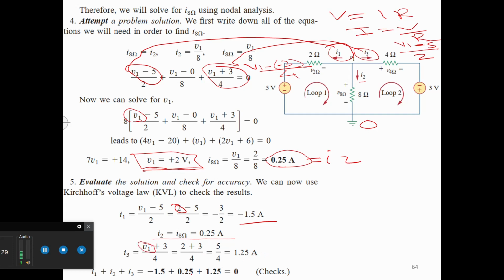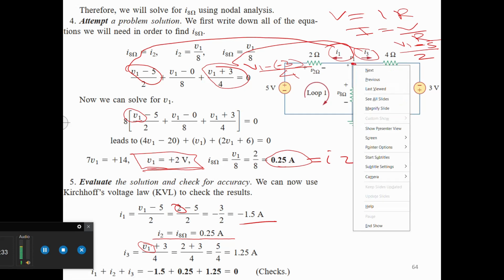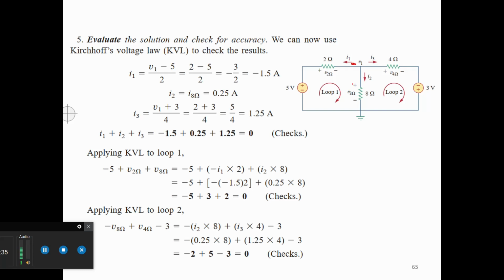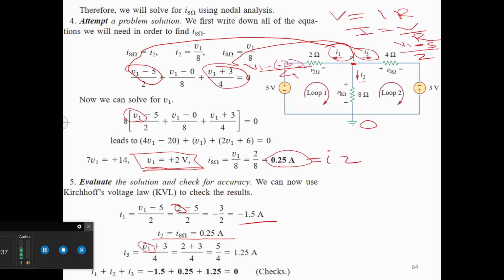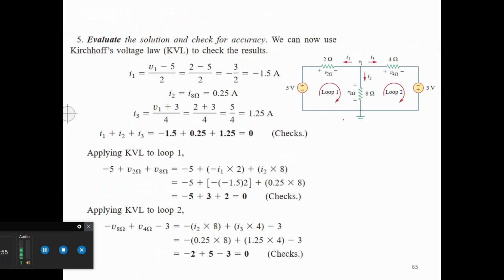So according to Kirchhoff's current law we add all these: minus 1.5 plus 0.25 plus 1.25, and the answer is 0, which proves Kirchhoff's current law as well. So this proves that our solution is calculated and it is okay.